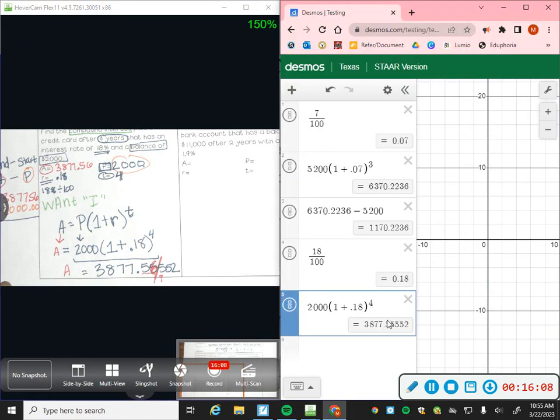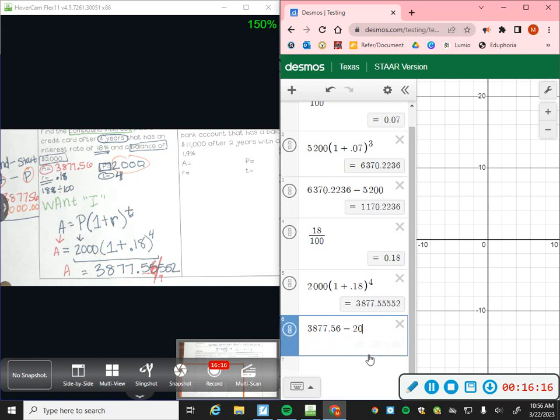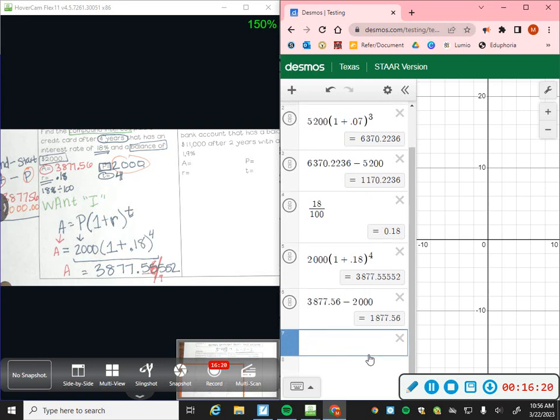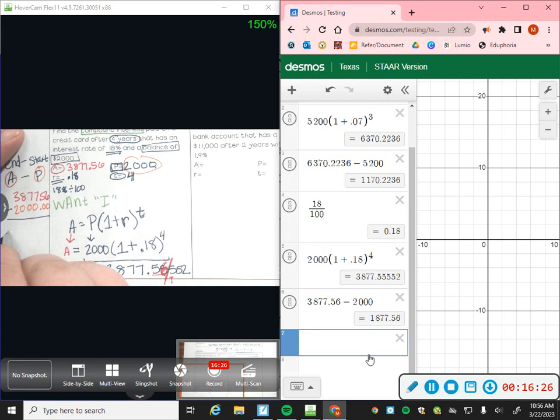So we need 3,877.56 minus the original $2,000 credit card balance. So then we know that the interest amount is $1,877.56.